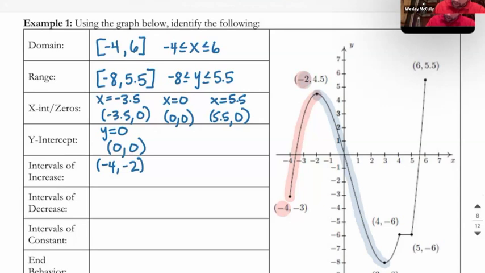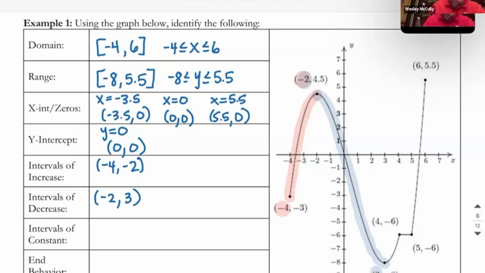So I want this number and this number. So I'm going from -2 to 3 for my interval of decreasing. Again, don't forget, being intervals, these are both x values.